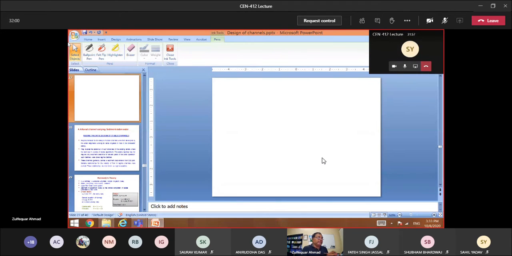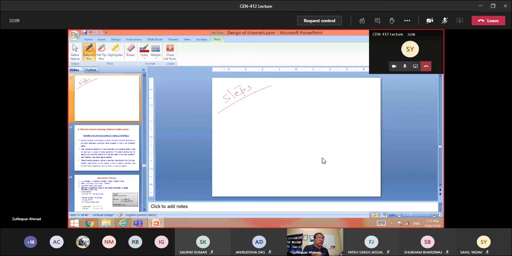So you see, the steps here are for the design. The first one is the known parameters.